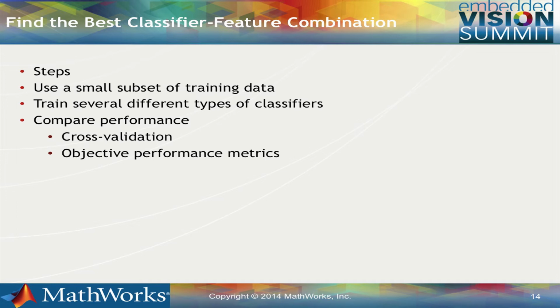Now, there are a few steps to evaluating the best classifier and feature combination. The first step is to randomly take a small subset of your training data, which I know seems like it contradicts what I said, that you need a lot of training data. But the reason you want to do this is that training a classifier with a lot of data for an object detector takes a lot of time.